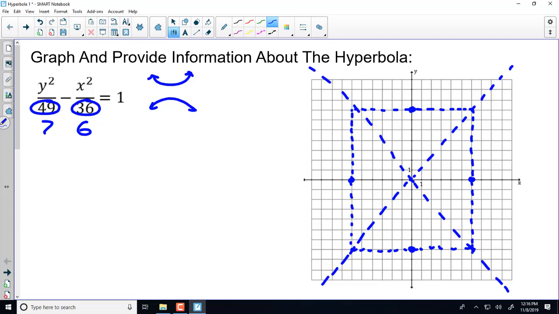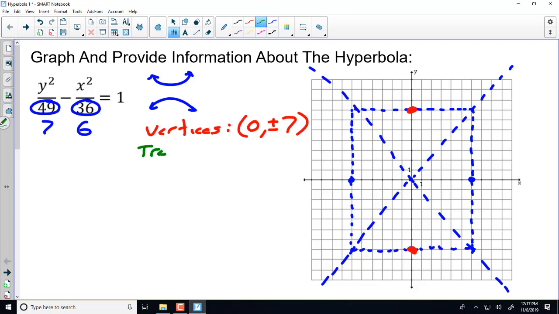Now, because this particular hyperbola opens up and down, these are vertices right here and here. So my vertices are going to be 0 plus or minus 7. Those 2 points are also the endpoints of what I call my transverse axis.